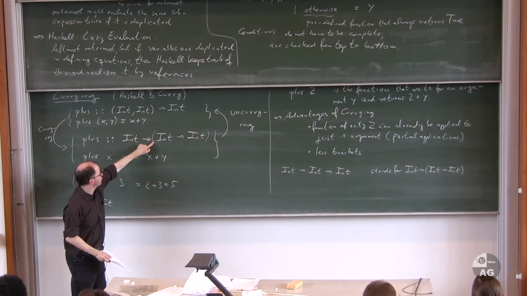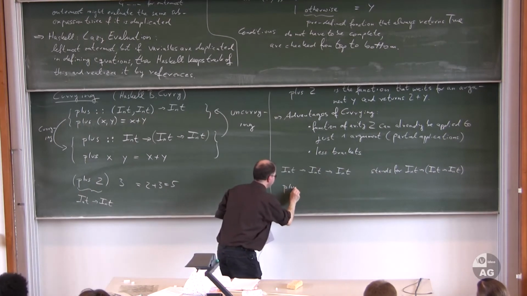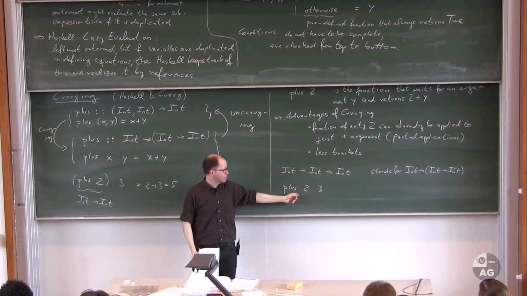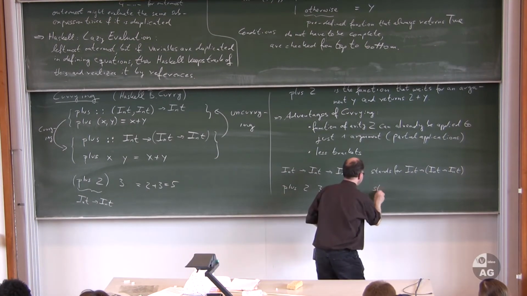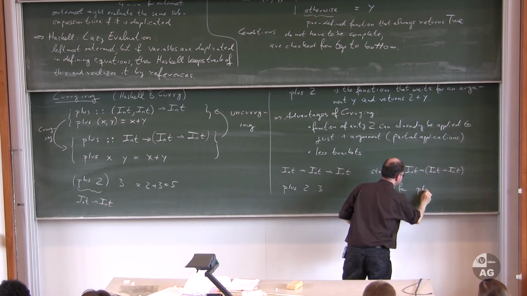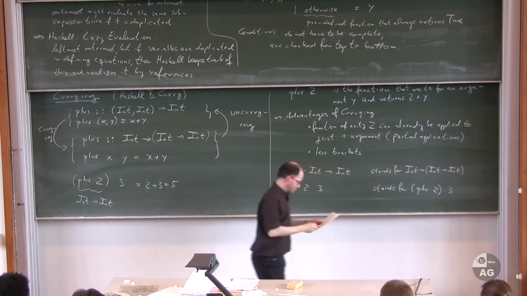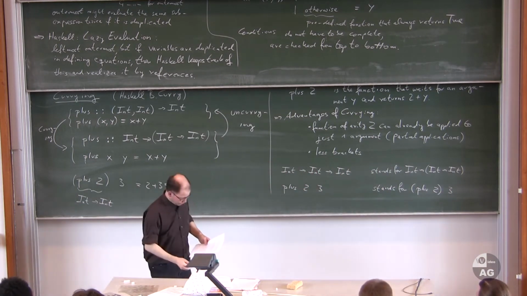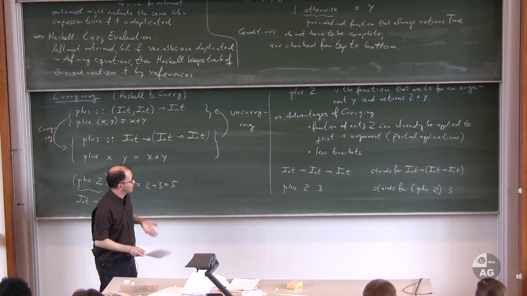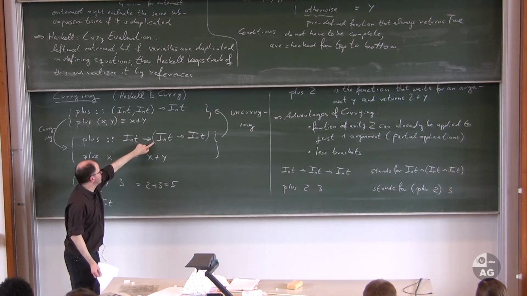I can remove them. And on the other hand, if I write something like plus 2, 3, then function application associates to the left. So this stands for first apply plus to 2, and then apply the result of this to 3. And in this way, this fits well together. So typically, the Haskell programmer would not write these brackets here.